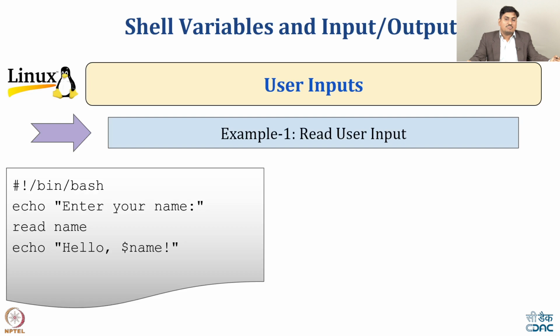In the same last script which you had seen, instead of setting the variable within the script itself, I ask the user to enter the name and I will print it. In that case, with the echo command I am just printing this message on the terminal, and with the read command I am telling the user to give me some name which I can store into this variable, and then I will print that.